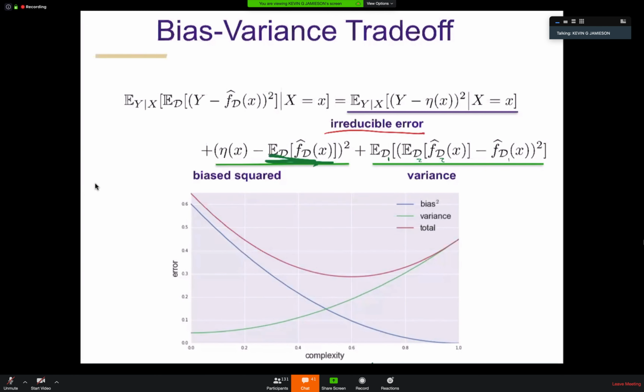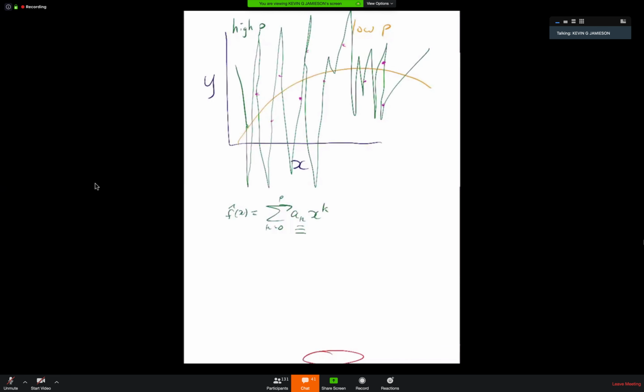The variance describes how much your function is going to change with respect to the data set that you saw. So with this pink data set, yeah, I fit it so well. But from time to time, these pink points are going to jitter a little bit and I'll get a completely different function.